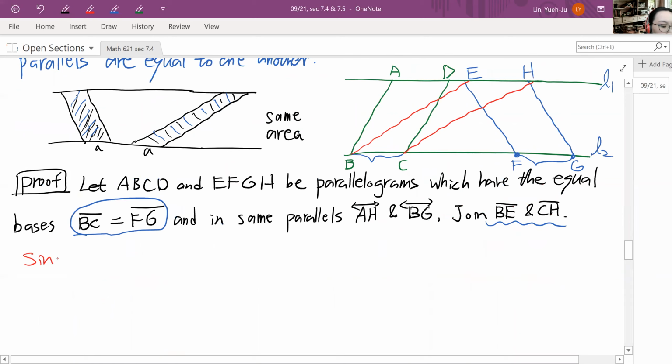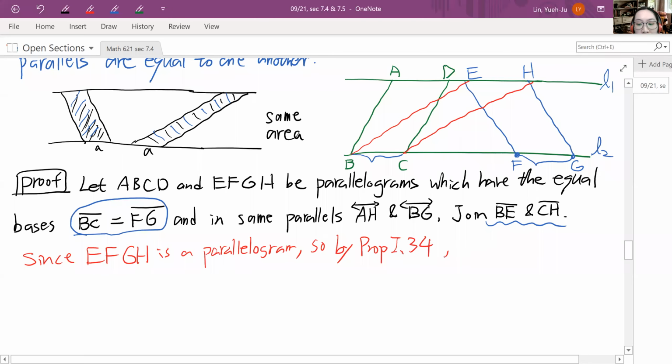We know that EFGH is a parallelogram. We are quoting the same proposition over and over. By proposition 1.34, if it's a parallelogram, then the opposite sides are equal. So FG is going to be equal to EH.